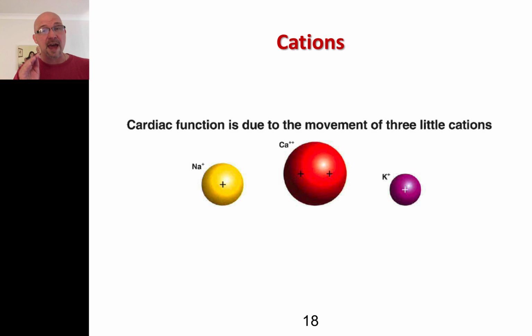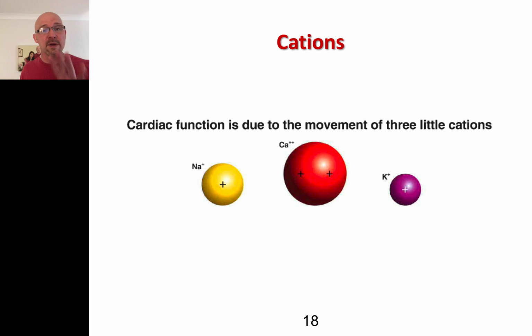If you can always bring whatever topic you're talking about, the heart, contraction, electrophysiology, all the way back to sodium, calcium, and potassium, then you really understand what's going on.